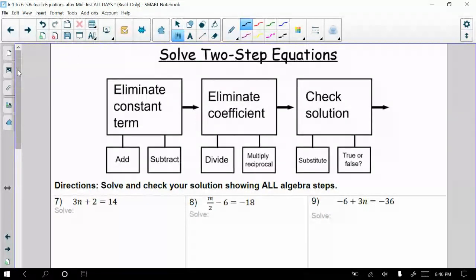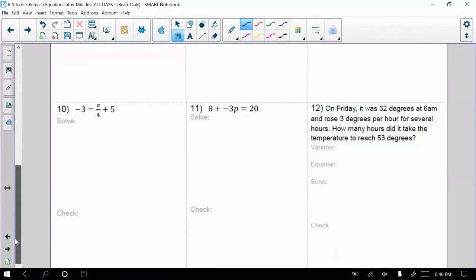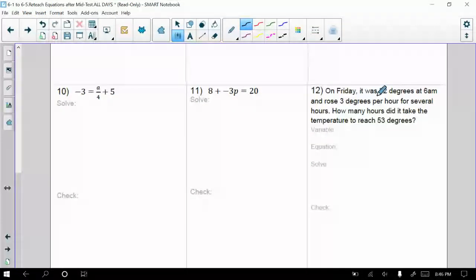Let's look at the two-step equation problem. Okay? On Friday, it was 32 degrees at 6 a.m. and it rose. That means it went up. So that's your addition right there. Okay? But it rose up 3 degrees per hour.